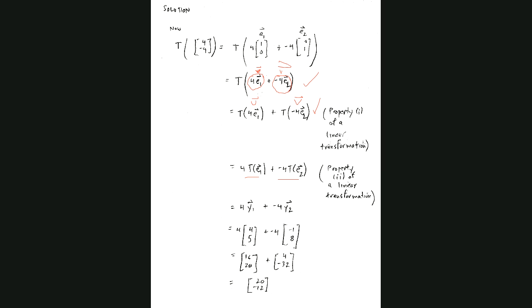And now we're good, because we were told that the vector E1 maps into Y1, and the vector E2 under the transformation maps into Y2. That's right, Binyam. Now you know what Y1 and Y2 are, and you can solve the problem.